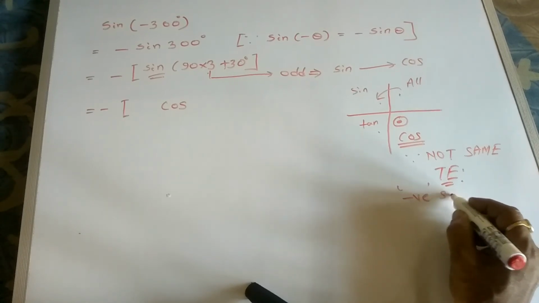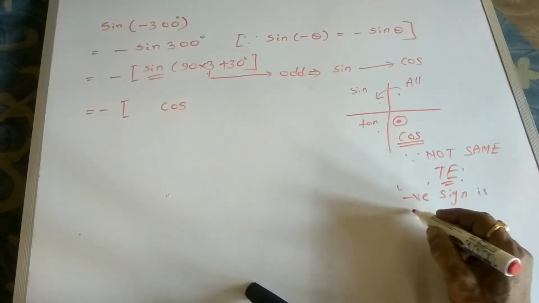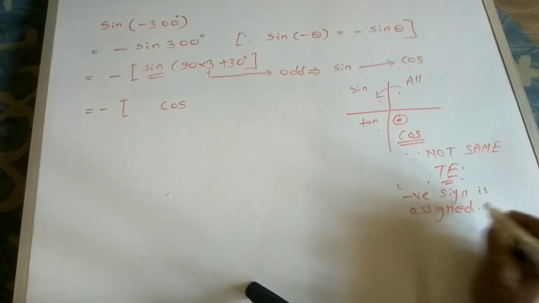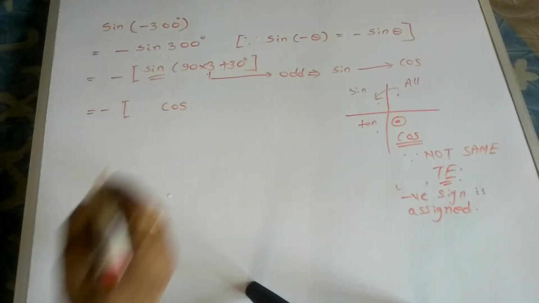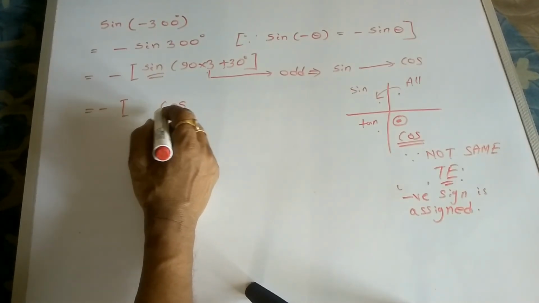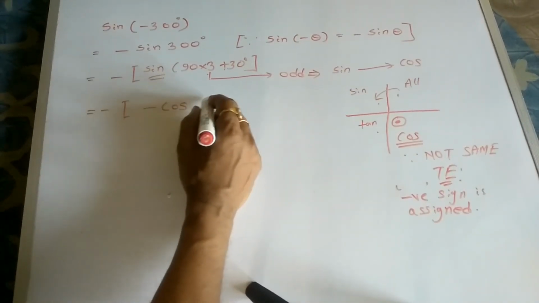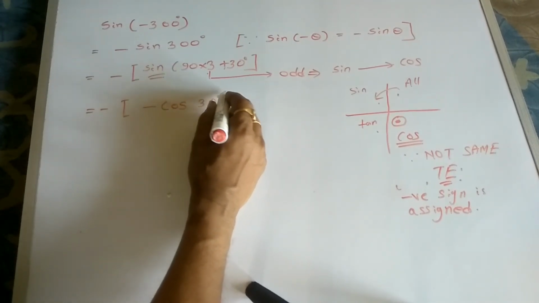Okay, not same, so we have to put a negative sign before cos within the bracket. That minus is another separate issue, no connection with this.